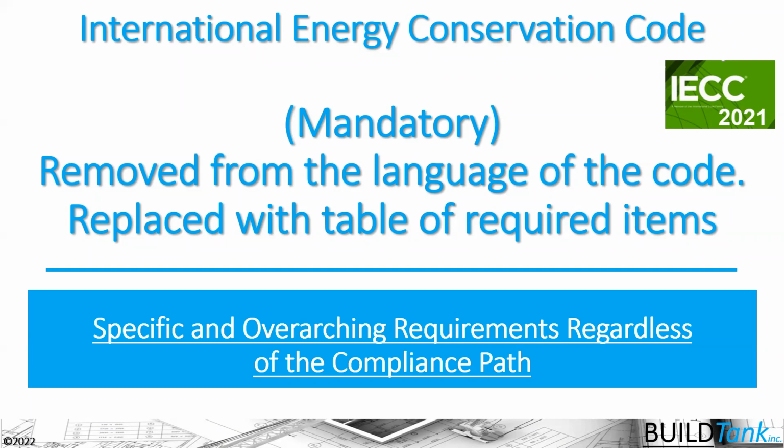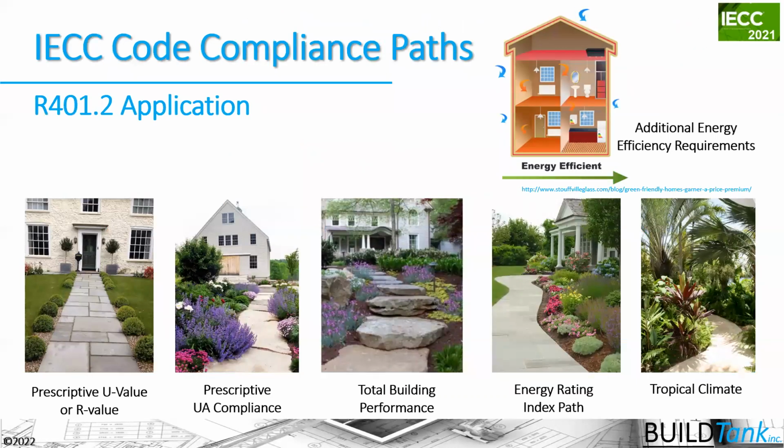And we'll talk a little bit more about that in a second, but that's the biggest thing, and one thing that does impact prescriptive compliance as well as the other compliance options. So just to review the compliance options that we have, I like to break them up into these categories.